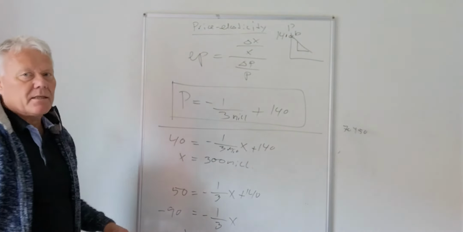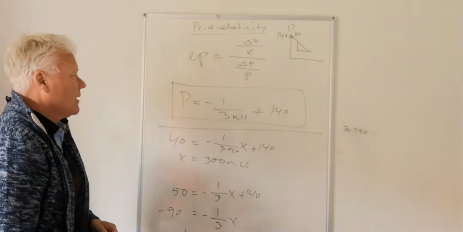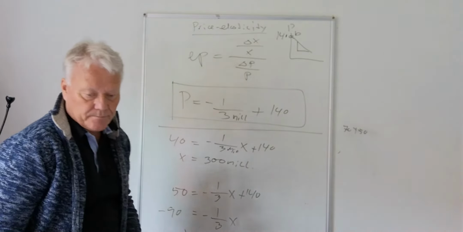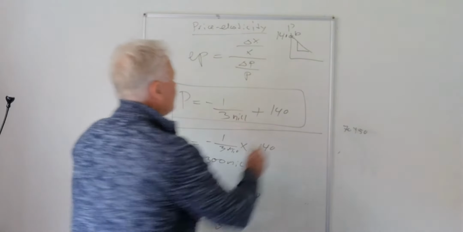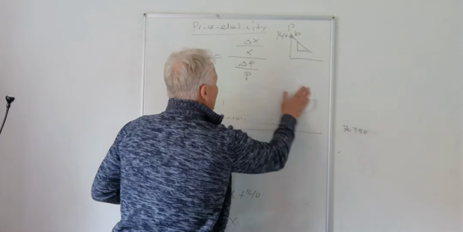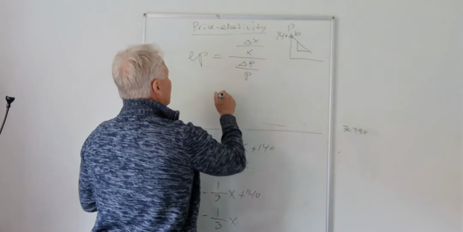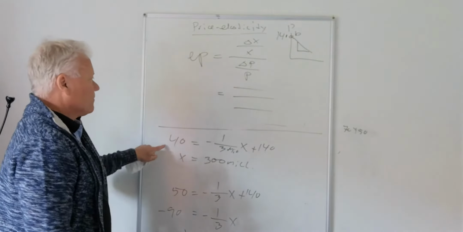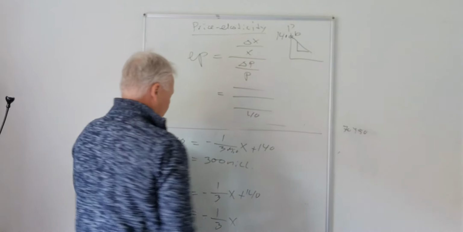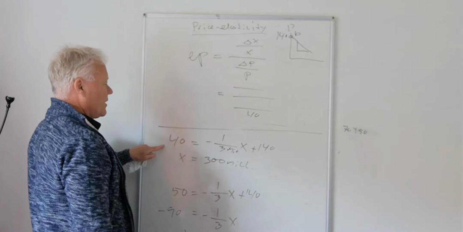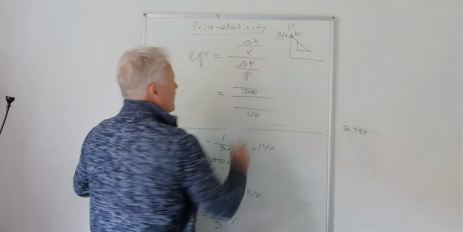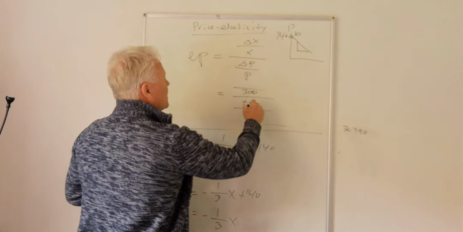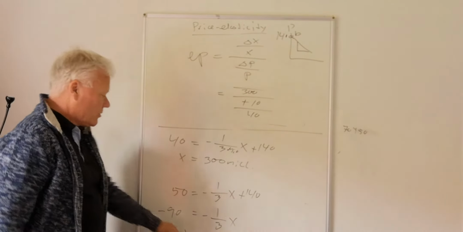So what is the elasticity? That is interesting in this case. Using this equation up here, now I have the numbers. I will erase the function and put in the numbers. My starting point was a price of 40. And at a price of 40, I was selling 300 million. If we increase the price by 10, I will sell 270.